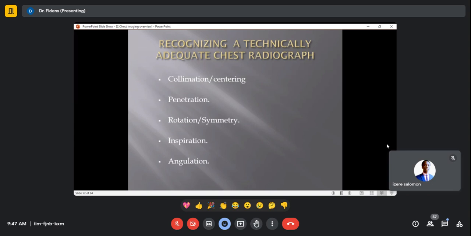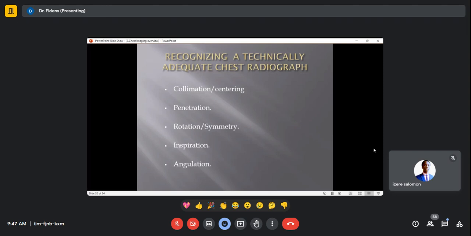Number 3 is about whether there is any symmetry or rotation. Normally, your target is having a symmetry of the film. How do you check for it?